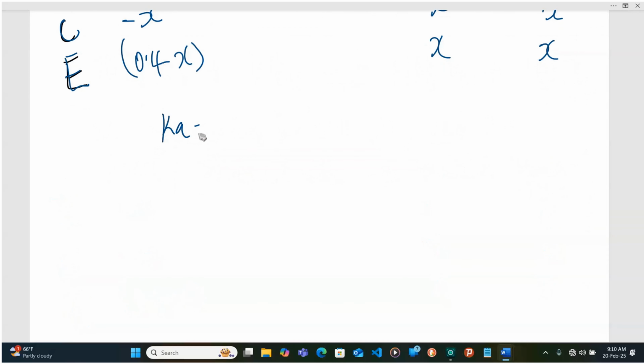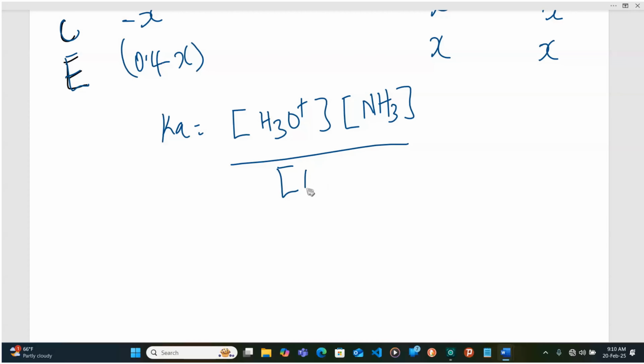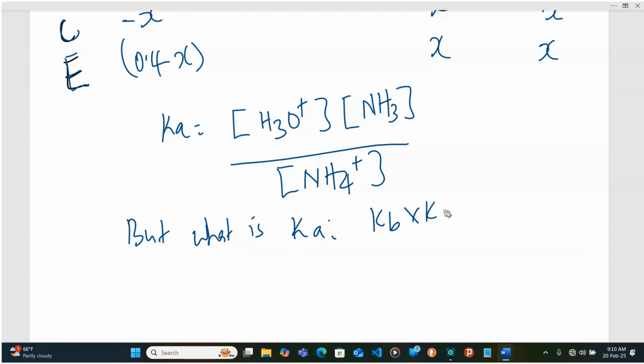So Ka will equal the concentration of hydronium ions times the concentration of ammonia solution, divided by the concentration of ammonium ions. But what is Ka? We know Kb times Ka is equal to Kw. So Kb, we already have it as 1.8 times 10 power negative 5.